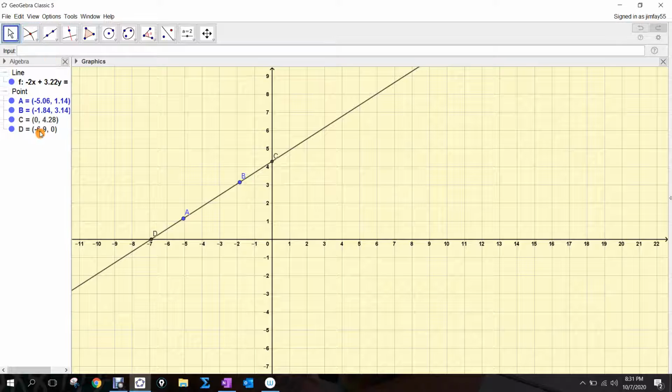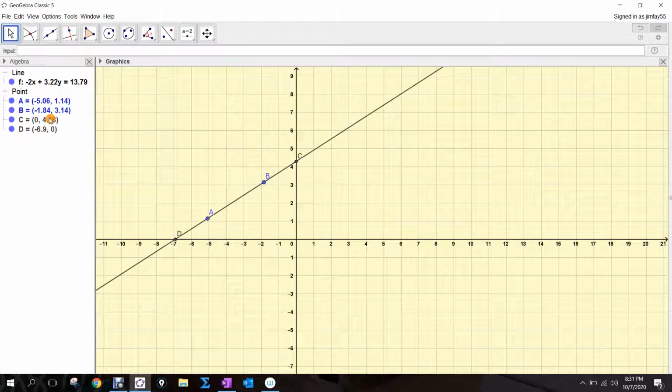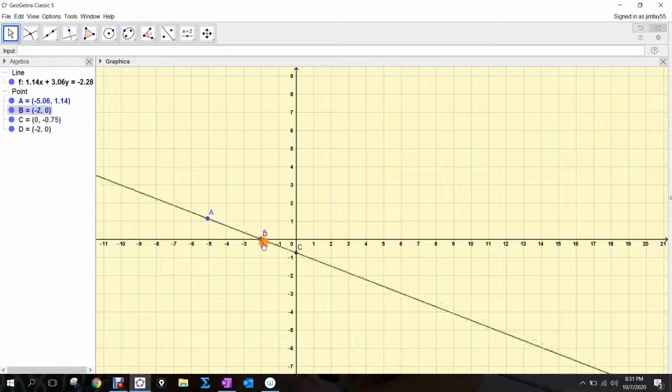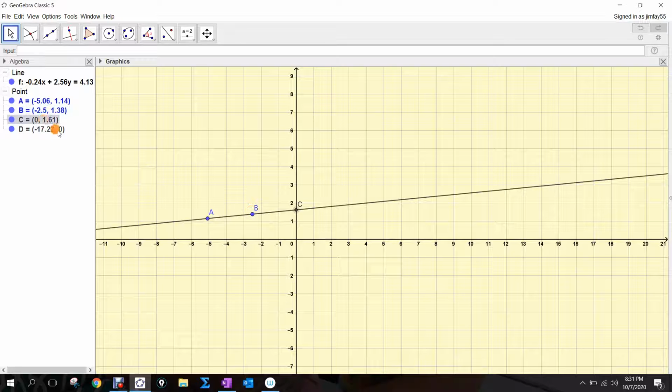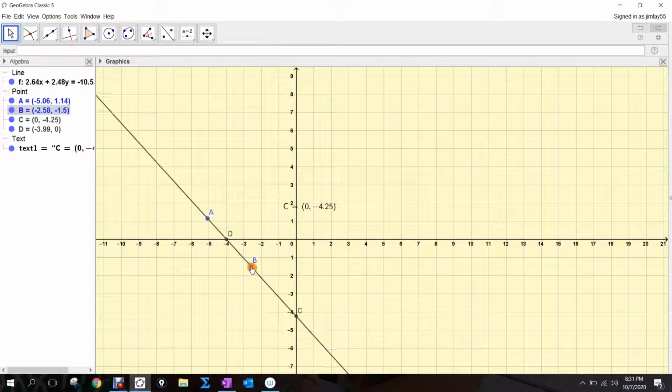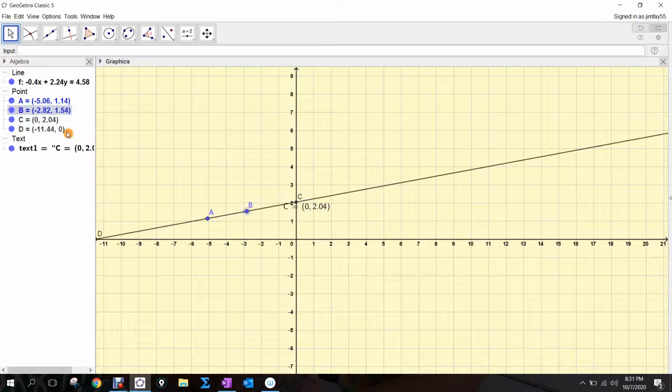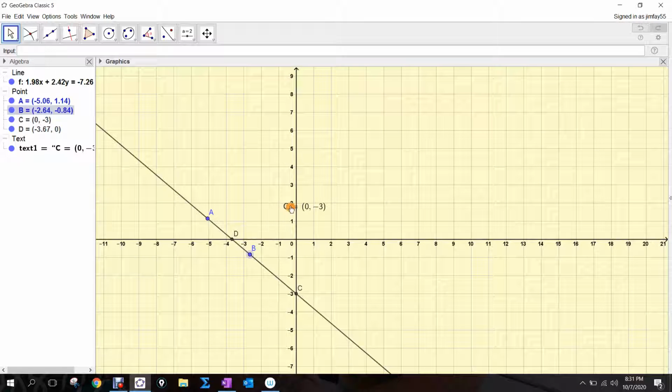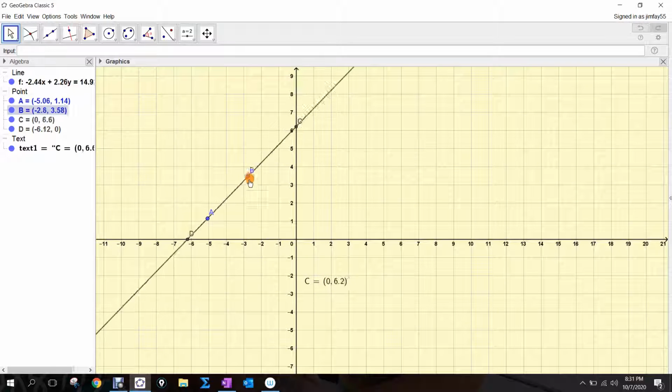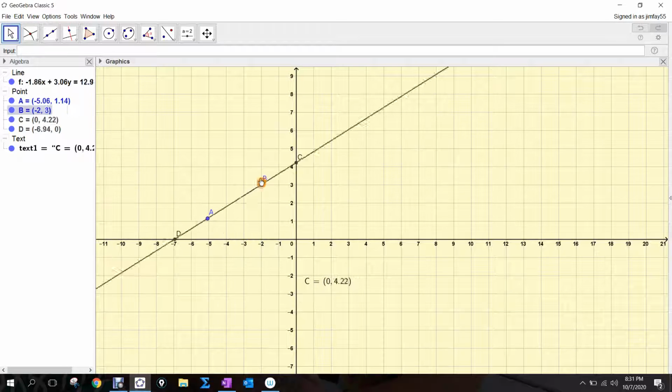And if you look at these two right here, so C is your y-intercept, okay? No matter what my line looks like, if we look at that C right there highlighted, you can see that showing you right there. No matter what my line is, that x value is always 0.